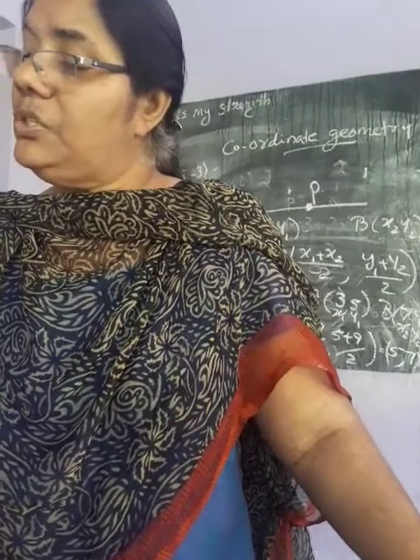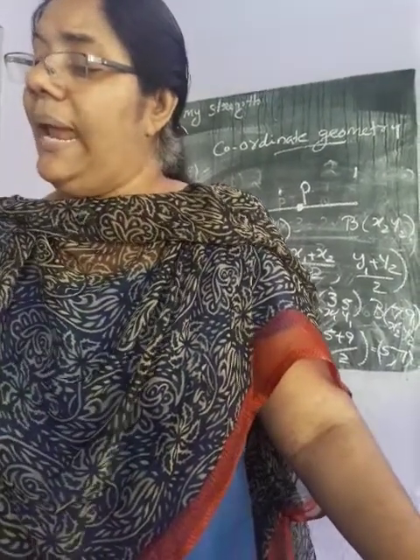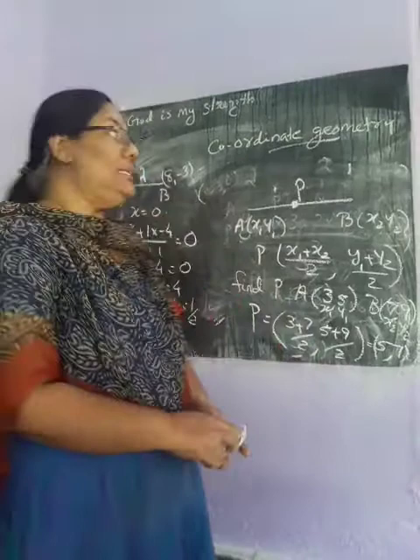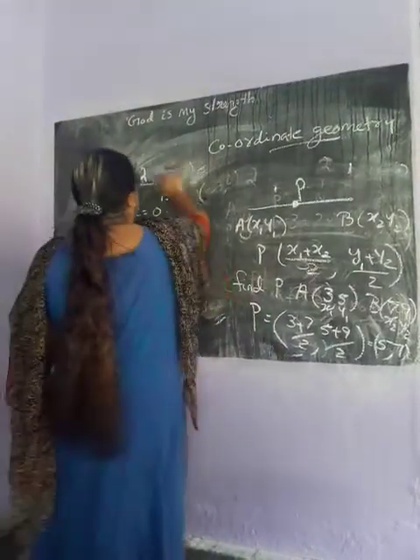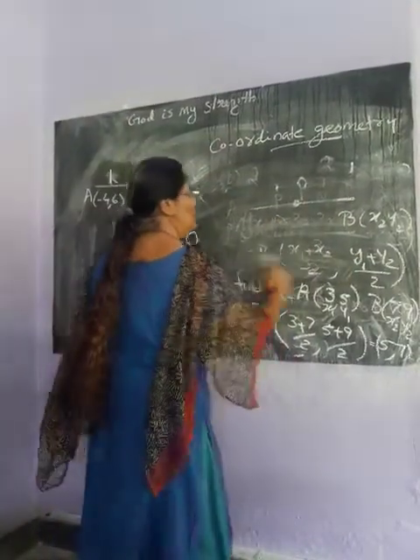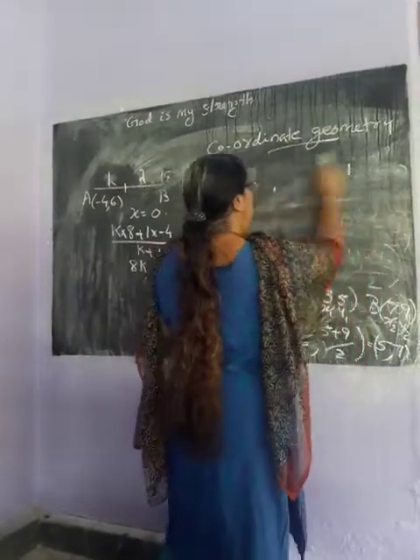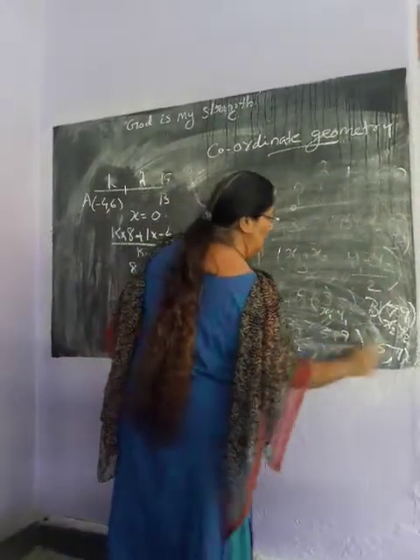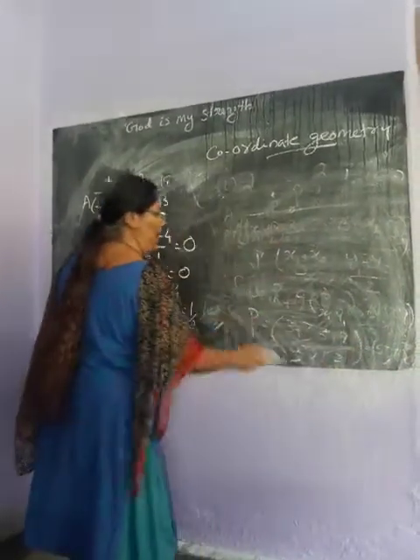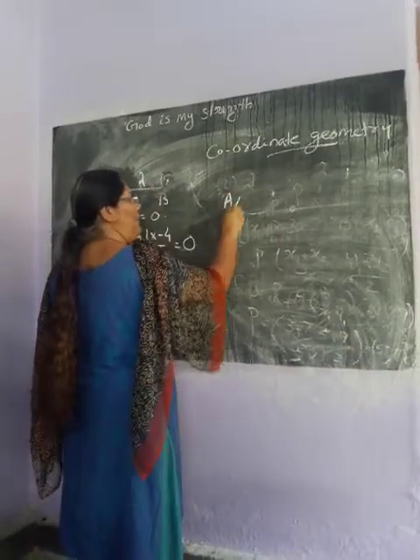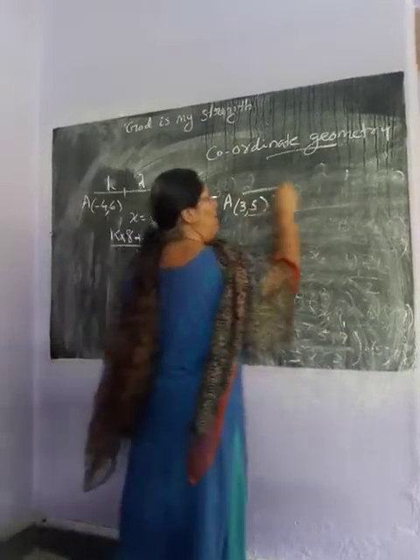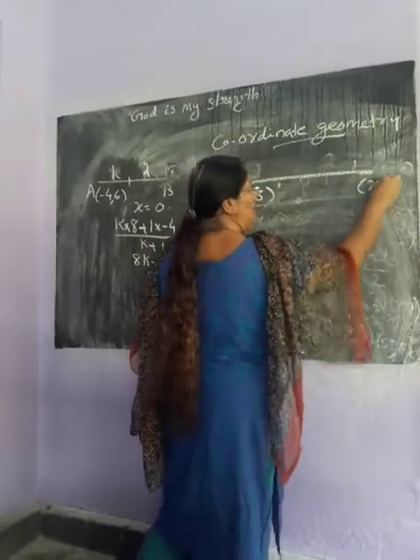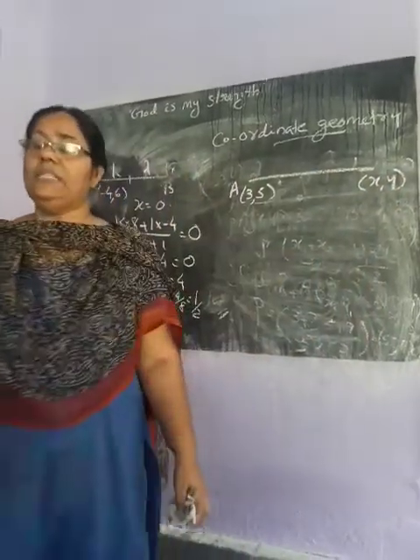Then the second question. Points A and B have coordinates: A is the point 3, 5 and B is the point x, y. What is given here?